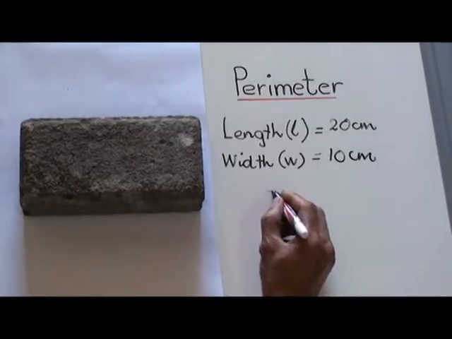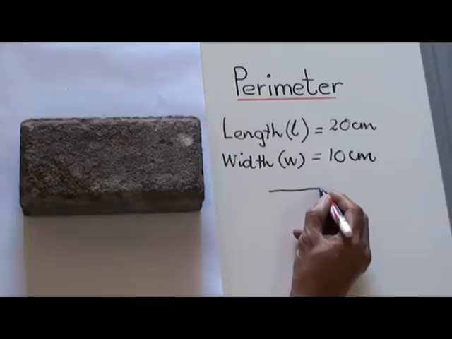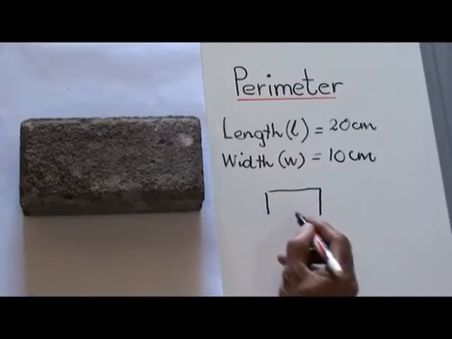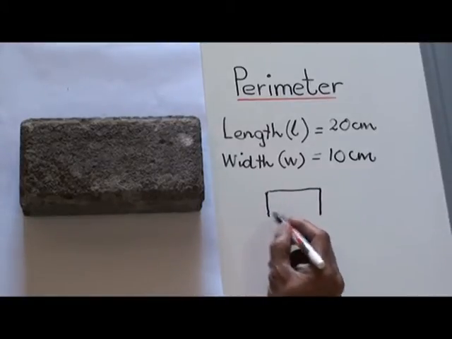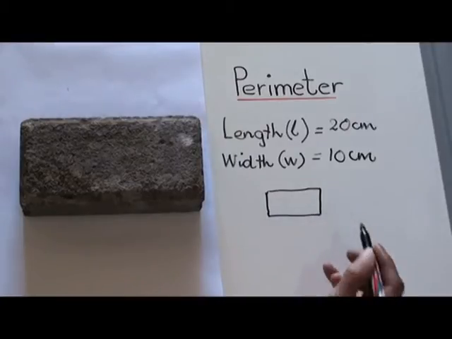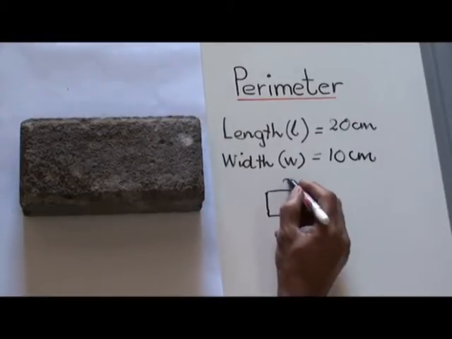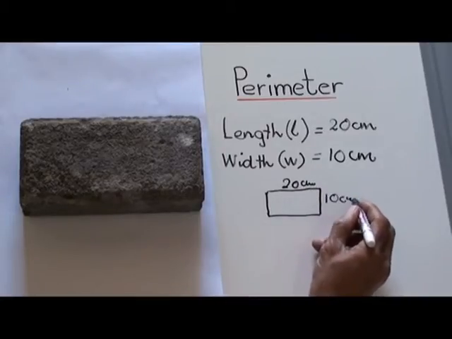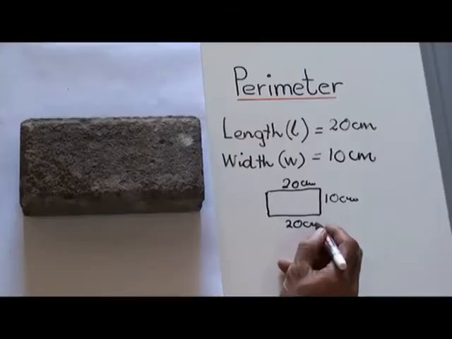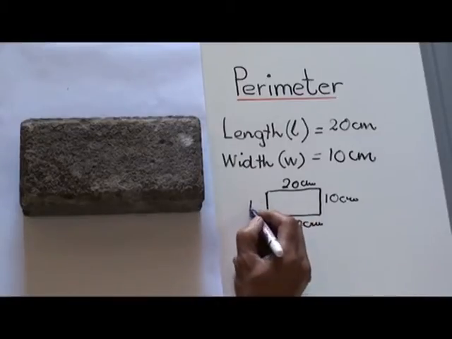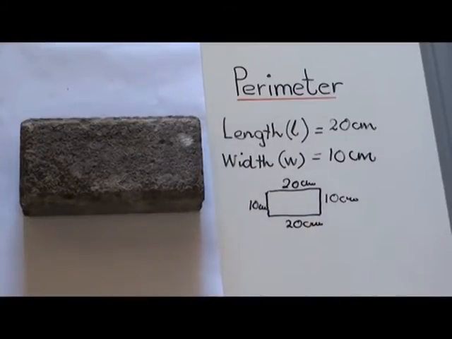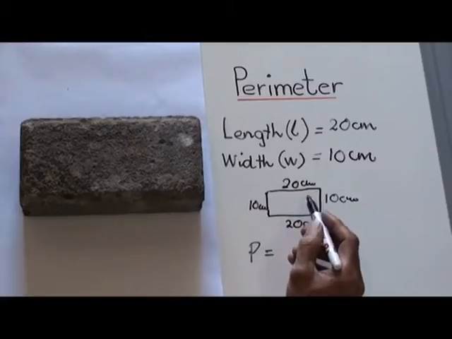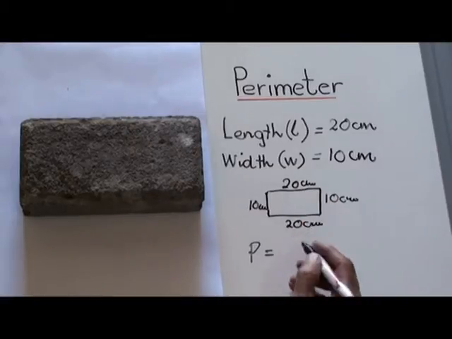This is the shape of the brick. It's a rectangle. Okay. So this is 20 centimeters and this is 10 centimeters. So obviously this is also 20 centimeters and this will be 10 centimeters. Therefore, the perimeter is equal to twice the length.